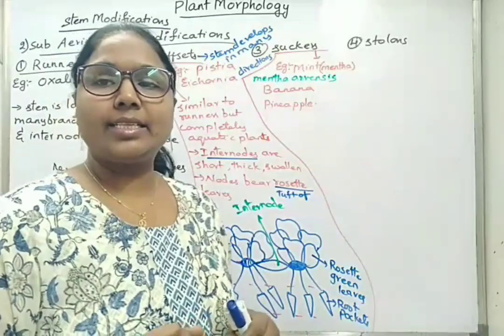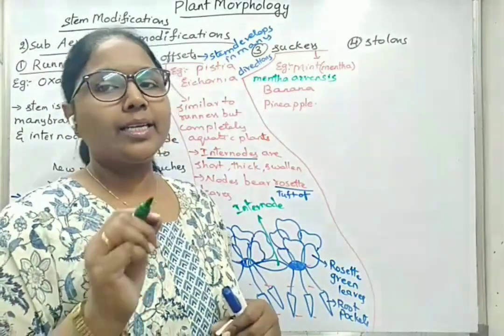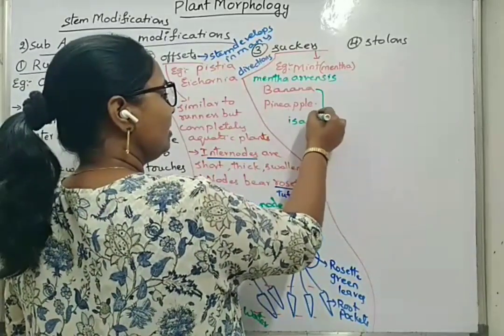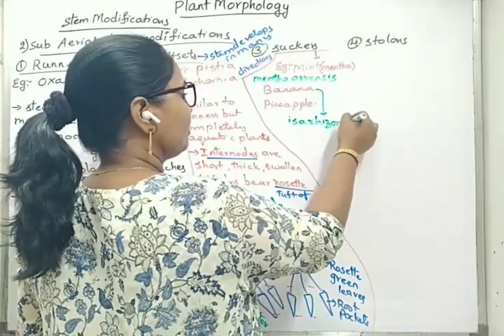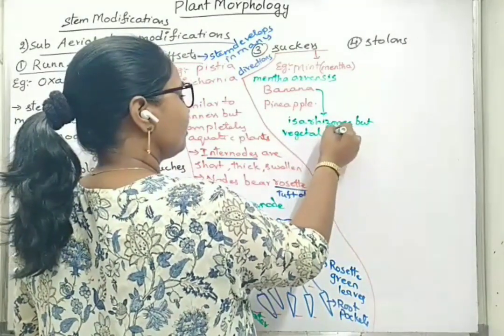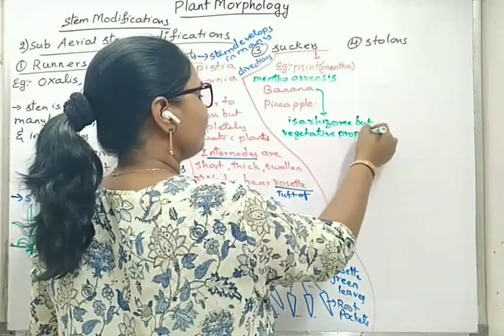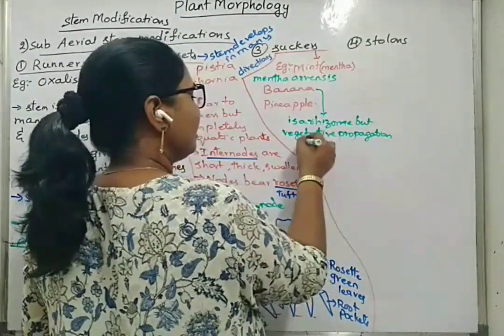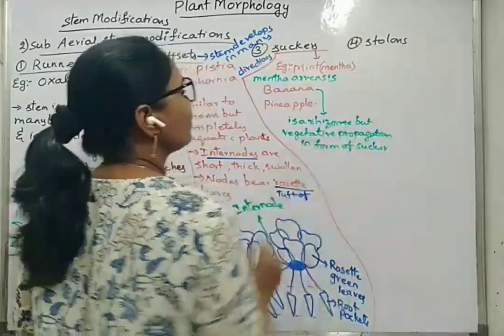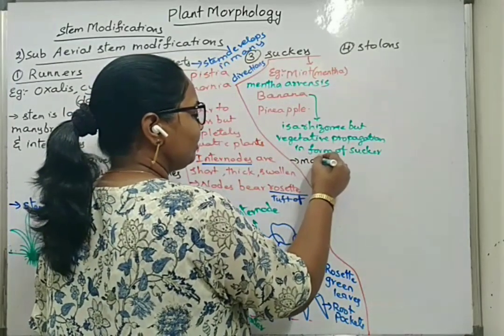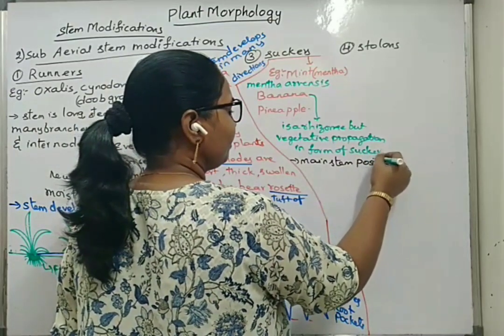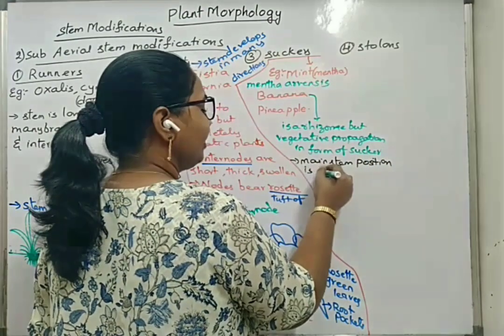Banana basically is a rhizome, but its vegetative propagation is in the form of sucker. Main stem position is within the soil.